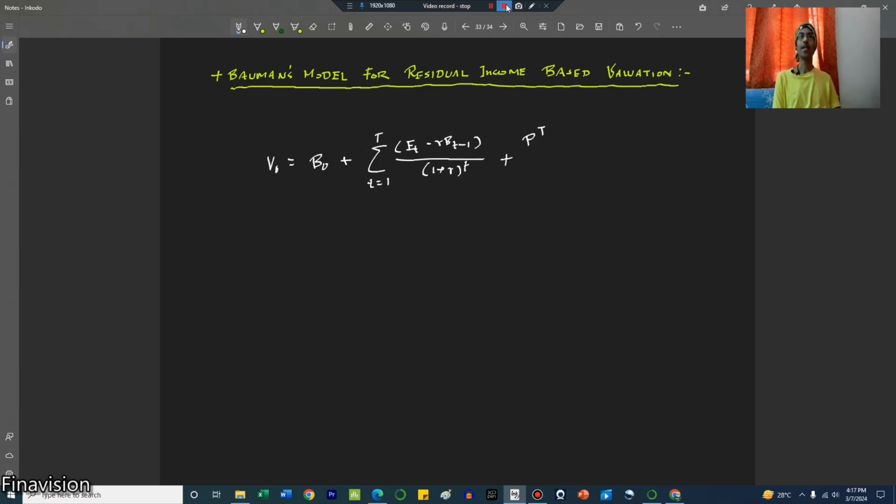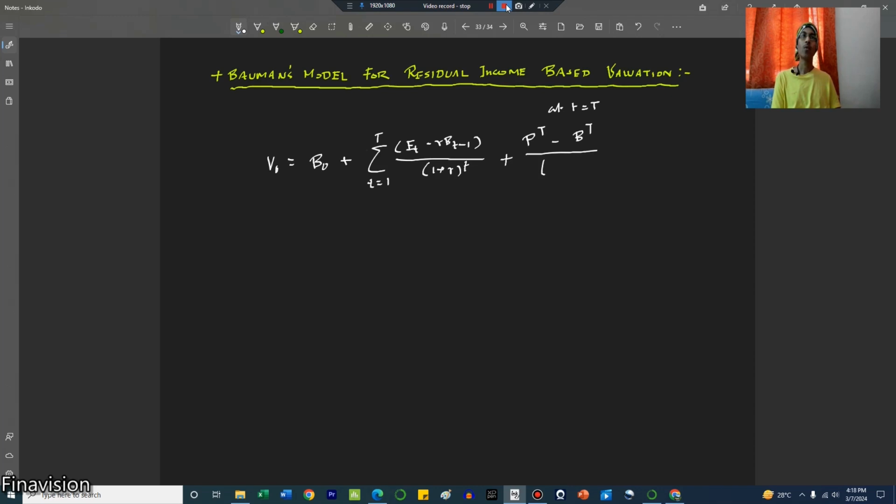The premium price will be PT, and this will be higher than the book value. This is at time T, right? So this price will be a premium price over the persisting book value at time T.